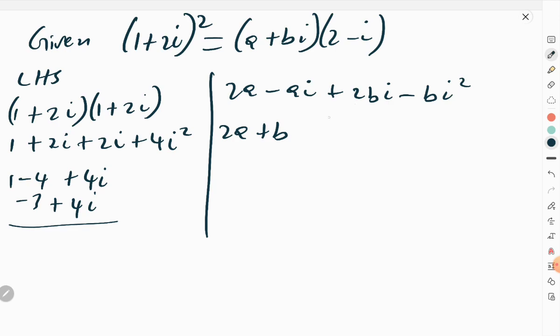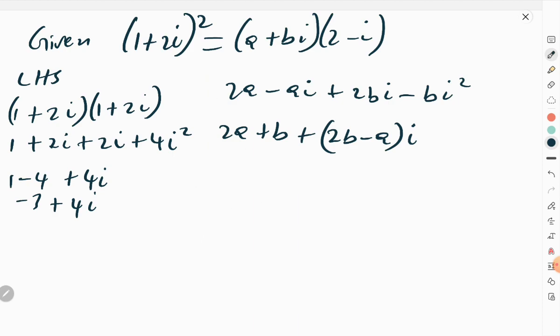Then for this one, we can just remove the common factor, so we have (2b minus a)i. So we can see that even this one is in the standard form that we've been looking for, that this is the real part and this is the imaginary part.